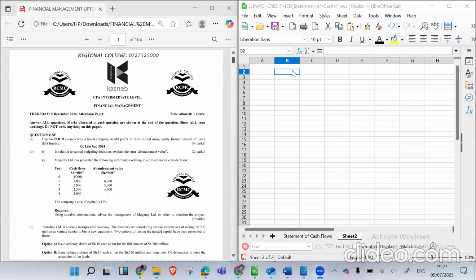So let's say something on weighted marginal cost of capital, that is WMCC.